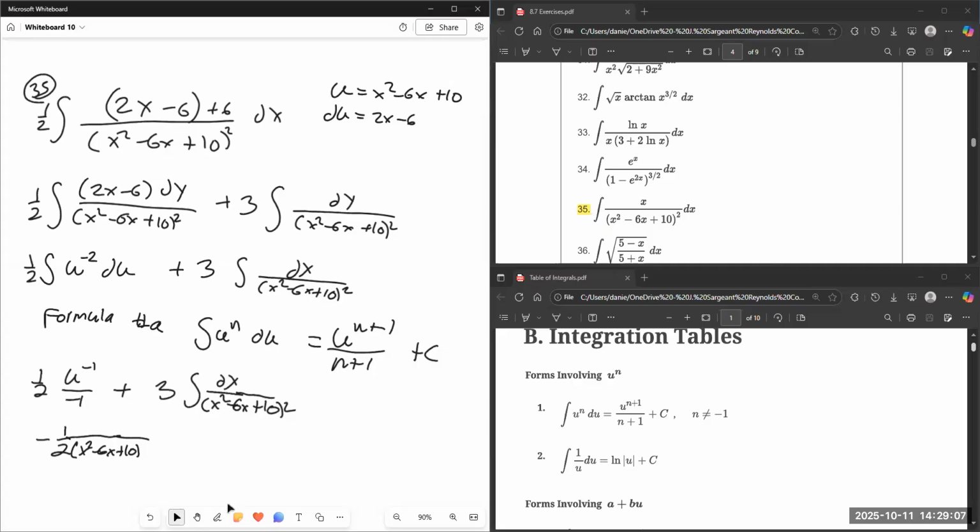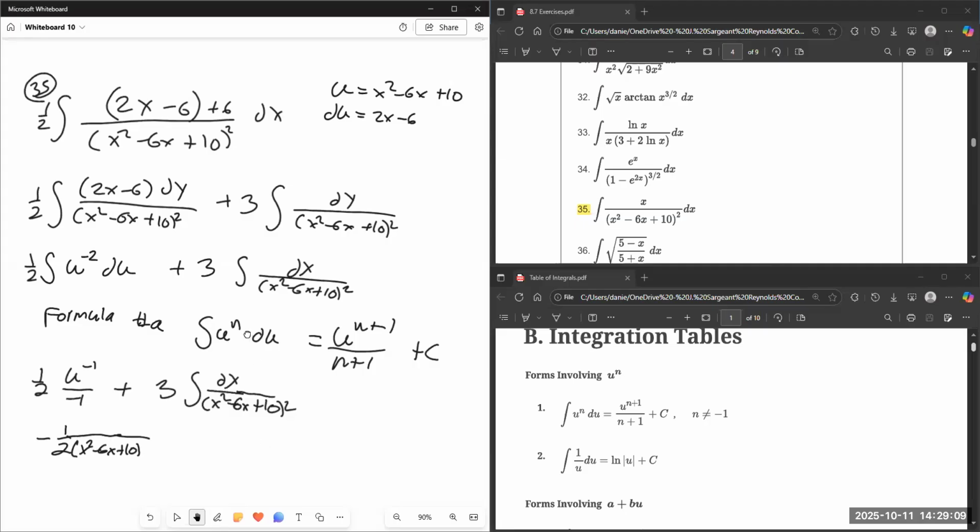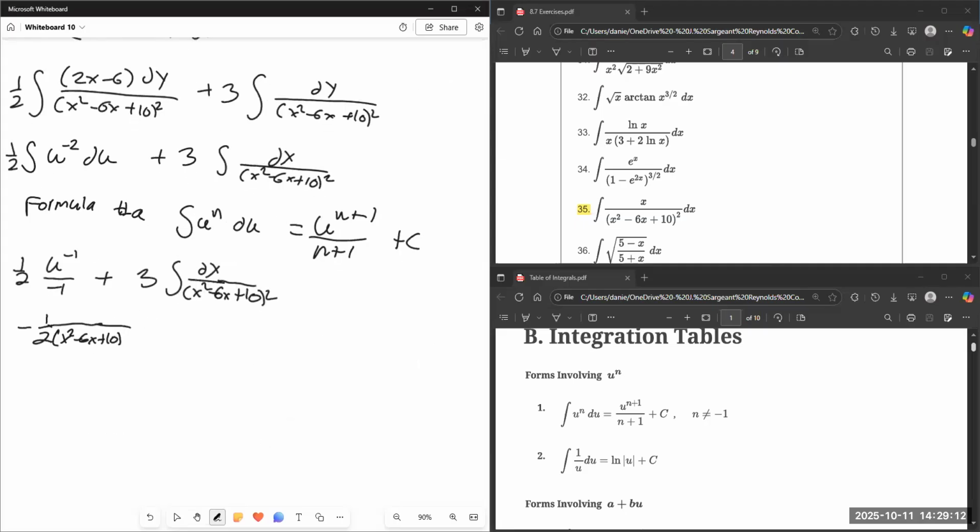So I am going to complete the square. And I have x minus 3 squared plus 1, and that's all squared in the denominator. And I have dx. So my u is equal to x minus 3.